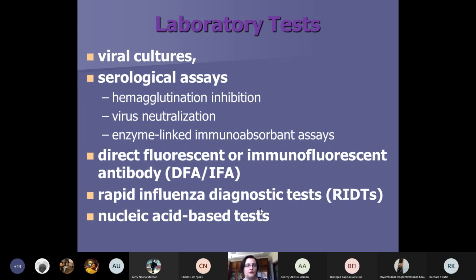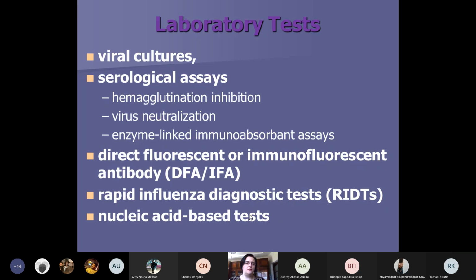Among nucleic acid-based tests, reverse transcription polymerase chain reaction is the most traditional and considered the gold standard for diagnosing influenza because it is fast and can subtype influenza A virus, but it is relatively expensive and more prone to false positives than cultures.